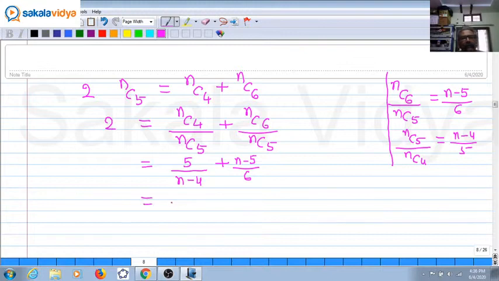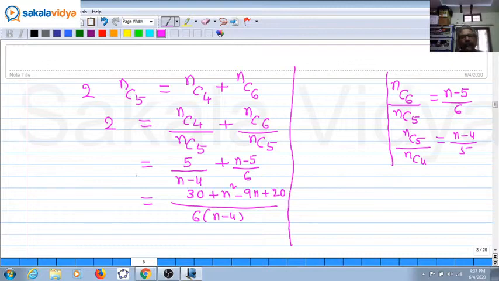Here LCM. What is the LCM? 6 multiplied by (n minus 4), 30 plus (n minus 4) into (n minus 5). n square minus 9n plus 20. So now cross multiply.